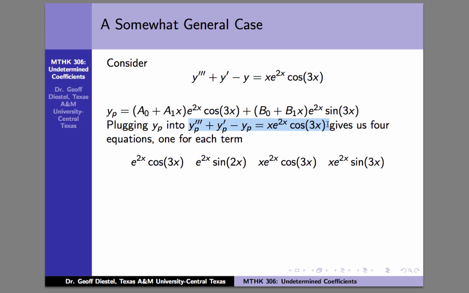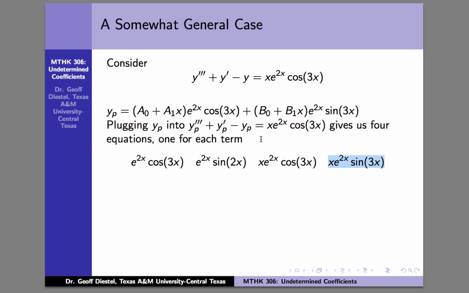By plugging it into this equation, just like we've done before, you're going to group together all the terms that have to be the same on both sides of the equation. And all these terms follow 4 basic forms. That makes sense because we've designed it to have 4: we've got exponentials times cosines, exponentials times sines, x times exponential times cosine, and x times exponential times sine.